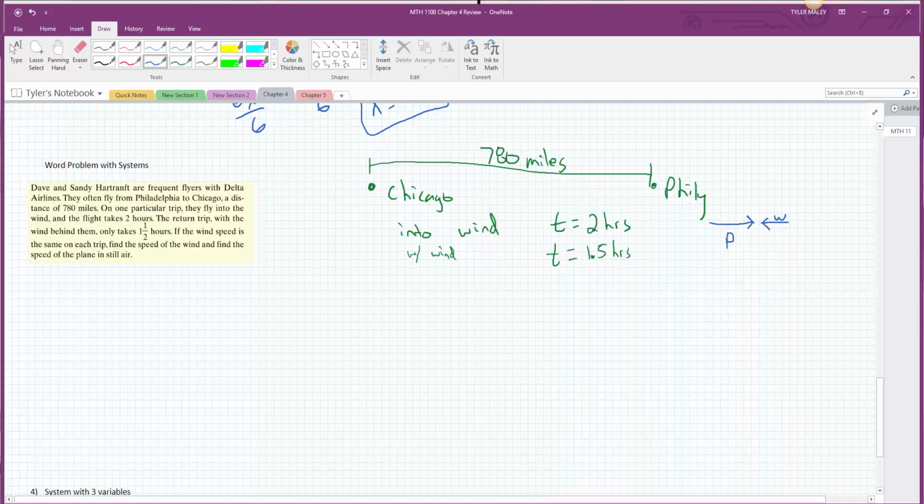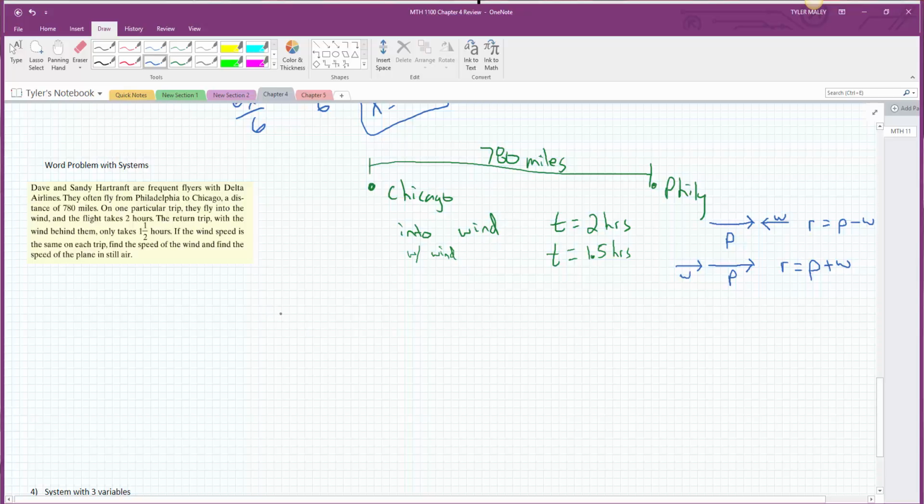Hence why it took longer. So the rate here is p minus w. Whatever my plane speed would be, but then I have to subtract off the wind speed because it's slowing me down. Then when we go with the wind, kind of the opposite happens. You have your plane, and then you have your wind coming behind you, so it makes you go faster. So your speed is actually p plus w.